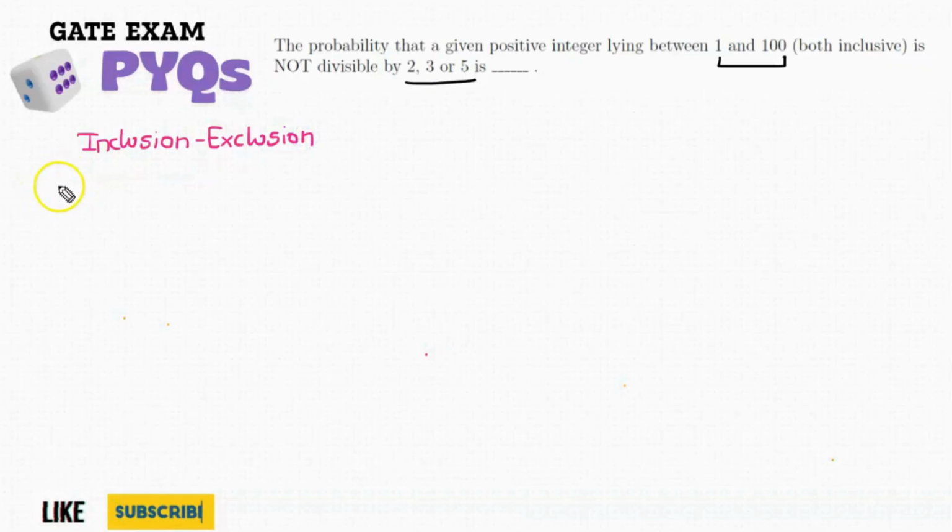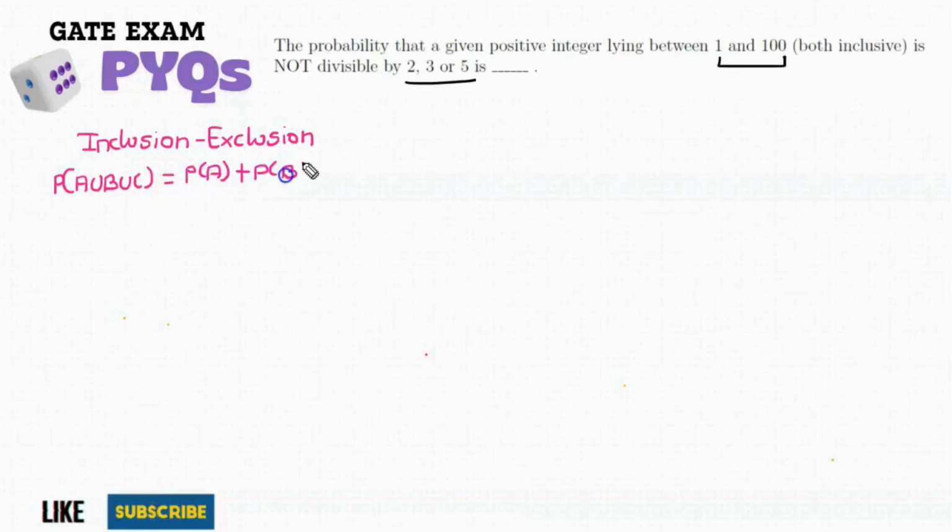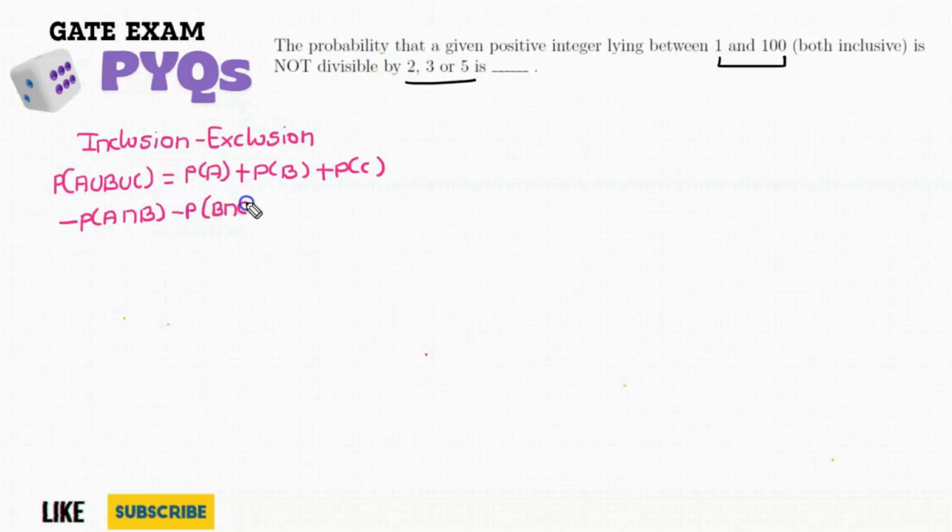The inclusion-exclusion principle says that for 3 sets, the probability of A union B union C is the probability of A plus B plus C, minus the intersections A intersection B, B intersection C, and A intersection C, and then we add the intersection of all 3. So this is the inclusion-exclusion principle.